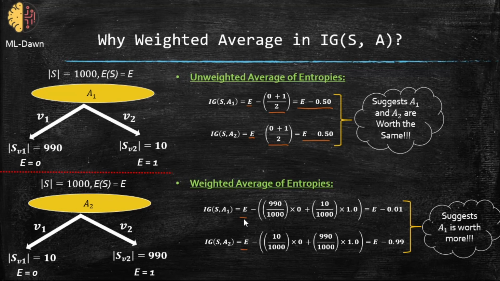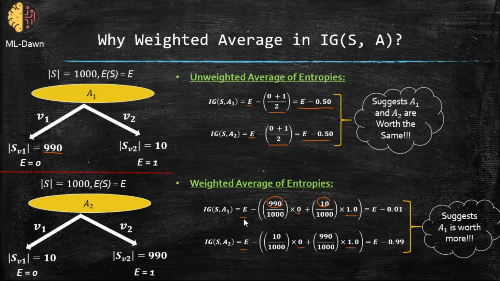Again, we have entropy 0, entropy 1, entropy 0, entropy 1 for both A1 and A2. But look here. On the left-hand side, for attribute 1, we've got 990 elements, divided by 1000 because the size of the original set is 1000. And on the right-hand side, we've got 10.